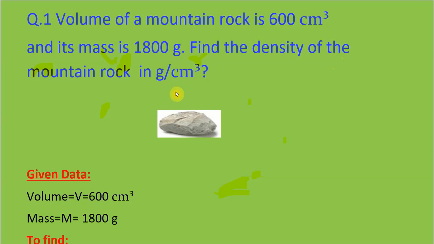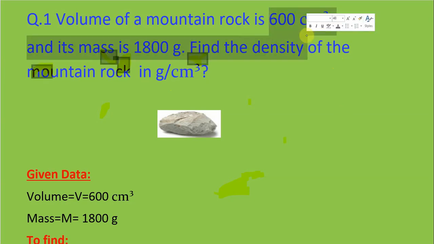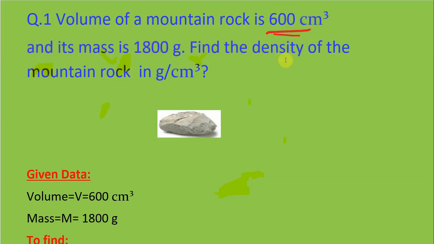So in this question, if we take a look, 600 cubic centimeter is already given here. That cubic centimeter is the unit of volume. So it means this 600 is basically its volume.